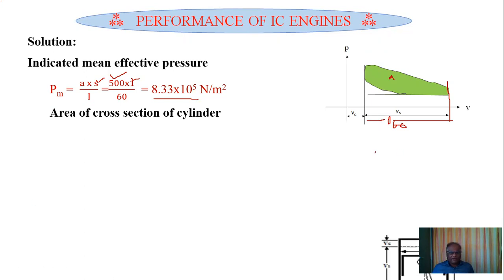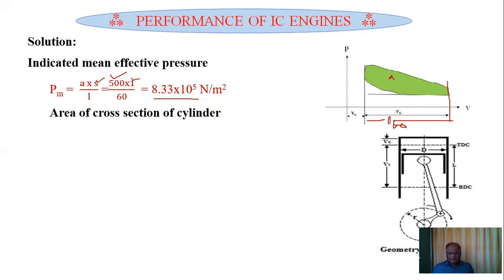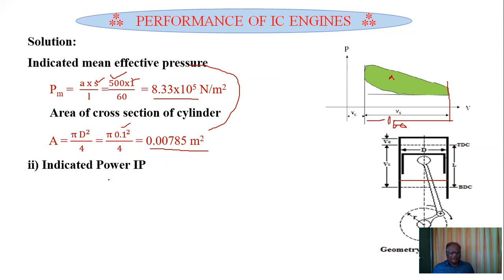The diameter of the cylinder is given, so you apply the area of the circle formula, pi d square by 4, and you get the area of the cross section of the cylinder, which is 0.00785 meter square. Substitute both these values in the IP equation.